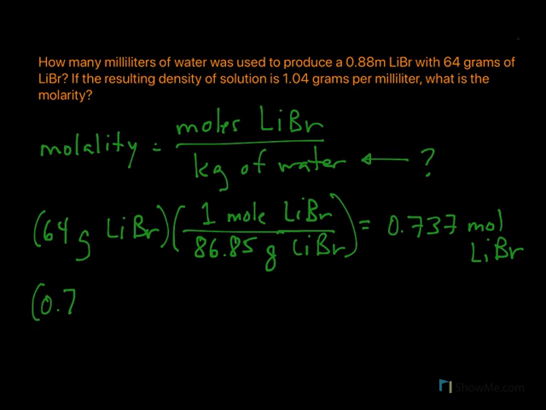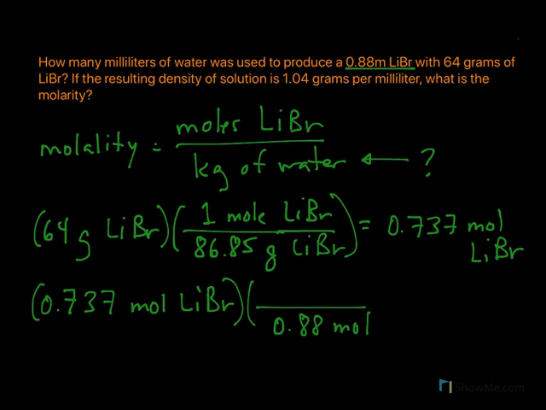Since we know our moles of lithium bromide, and we know the molality of lithium bromide, which is here, 0.88 moles of lithium bromide, that's equivalent to 1 kilogram of water.